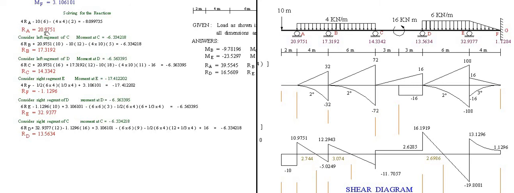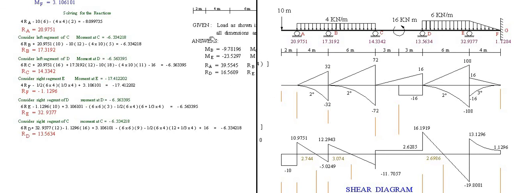You can check these answers. If you add RA, RB, RC, RD, RE, and RF, these 6 reactions must equal the sum of these vertical forces, excluding the moment because this is not a force.